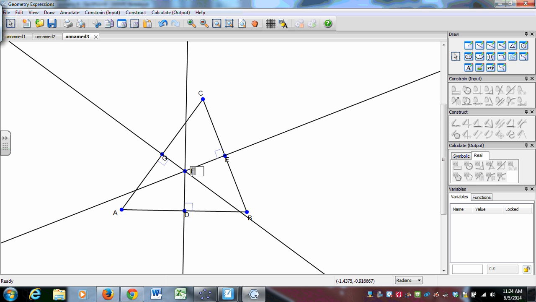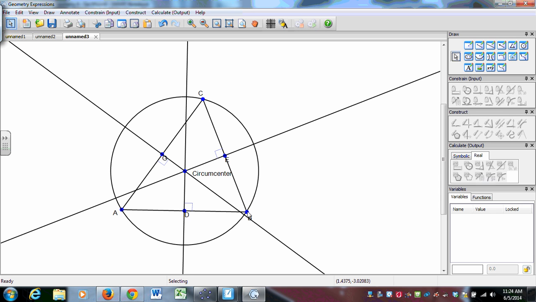Point F is called the circumcenter of the triangle. And it's called the circumcenter because if I construct a circle centered at the circumcenter with radius the distance from the circumcenter to any of the vertices, it goes through the other two vertices.